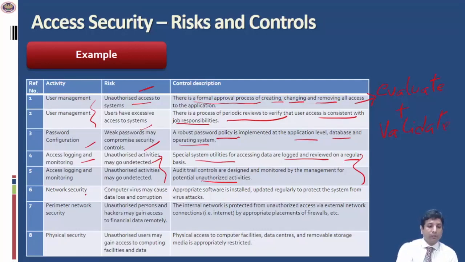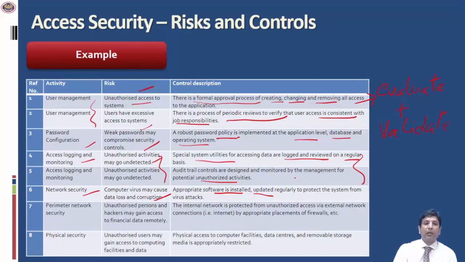Coming to network security, the risk is computer virus may cause data loss or corruption. Now what is the control? Appropriate software, or rather antivirus software or anti-malware software, should be installed, and the key thing is that it is updated regularly. So many times we see that antivirus software is installed, but most of the software is outdated.